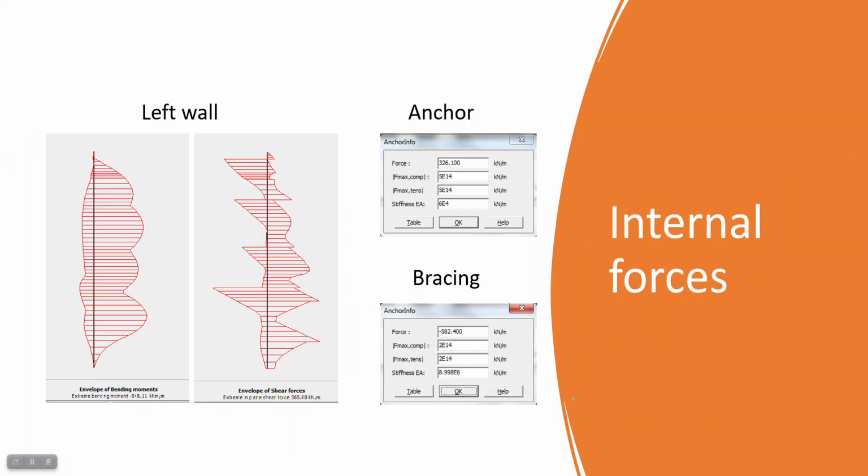We are also going to talk about this in detail when we do the analysis using Plaxis. We have the left wall, anchor and bracing, and the internal forces of these three shoring elements.